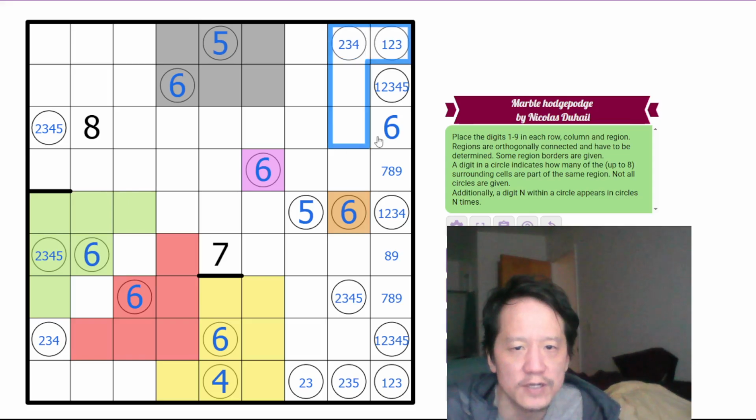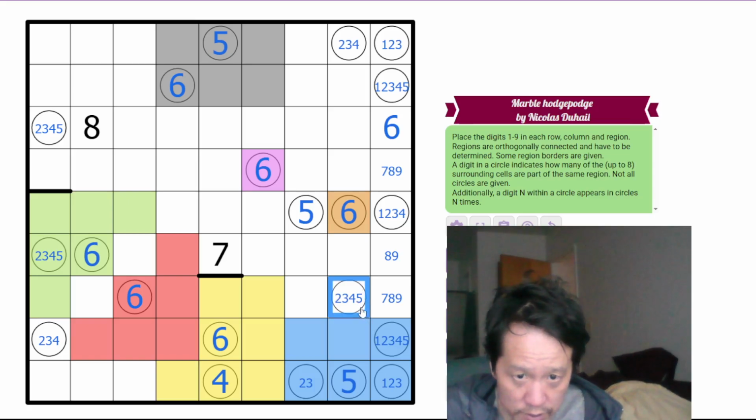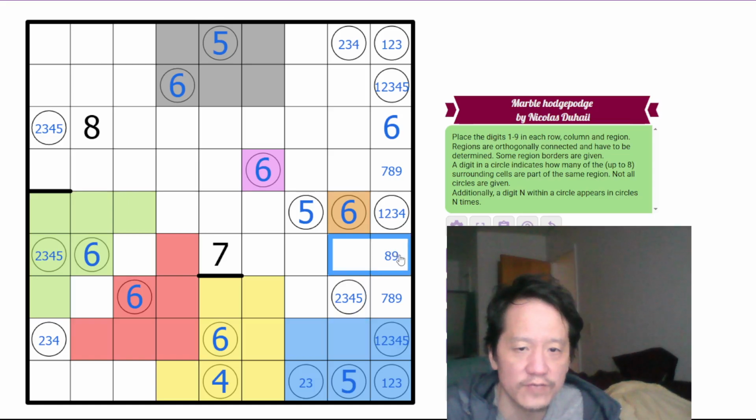This is 3. This could not be 5 because we have the same problem. So say we had this being blue. This could not be part of the same region. It can't be part of this, so it can't go this way. And if it goes this way, that's 5 surrounding cells, and therefore this would be 5.